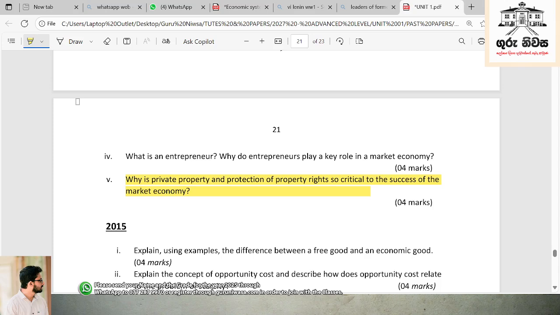Then the mechanism of solving basic economic problems, the motivation method, competition, economic freedom, whether income distribution is fair or unfair. You can say any four differences between these.